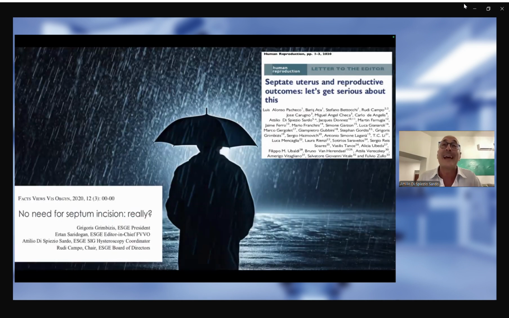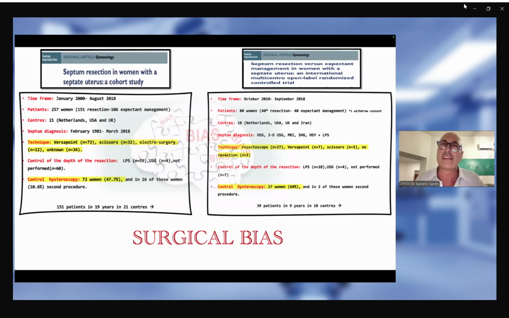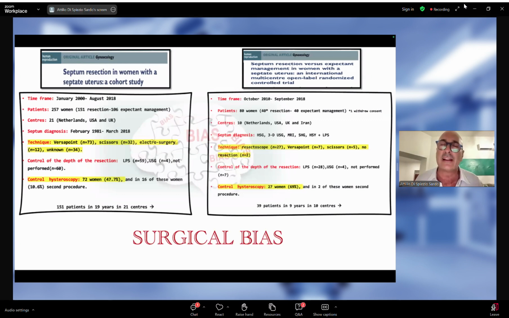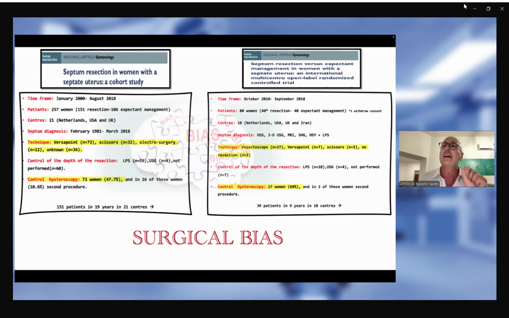The problem is that the article should be read in the proper way. When you read an article, you should analyze it in a critical way. We cannot analyze in depth the many biases that these two trials, one a retrospective trial and the other a randomized trial, had.